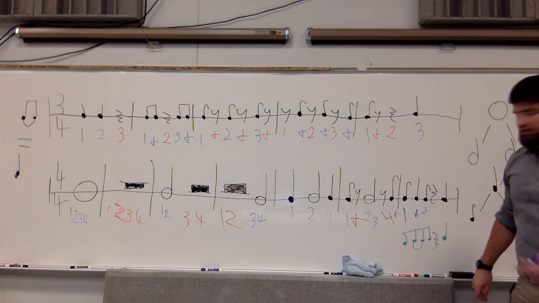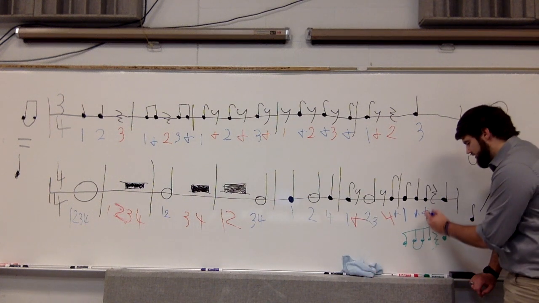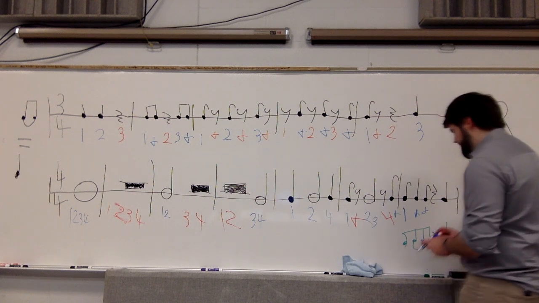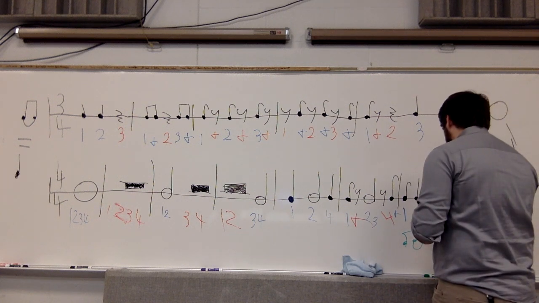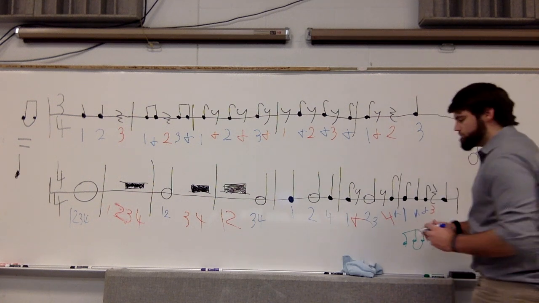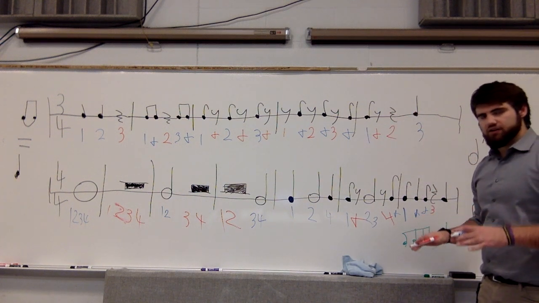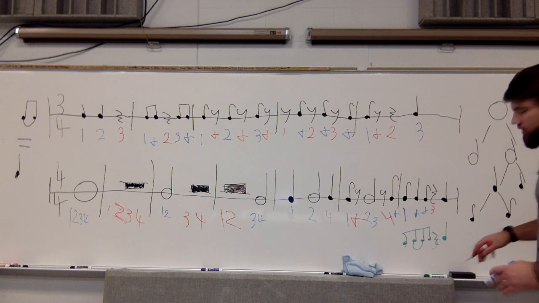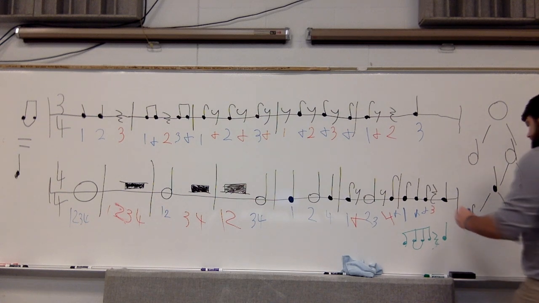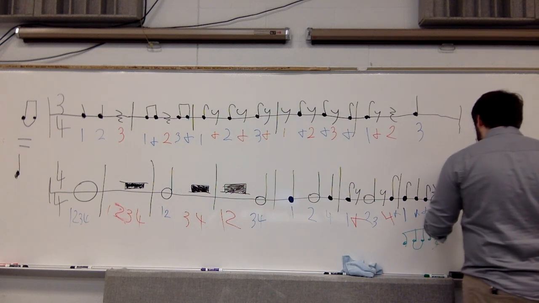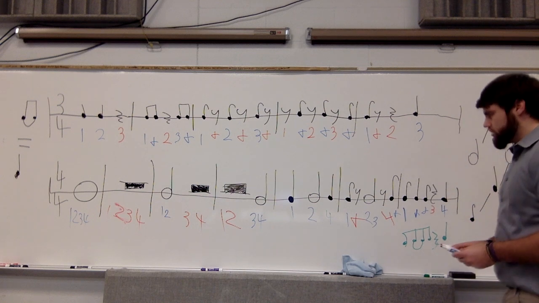What's next is beat 3. Lucky for us, beat 3 is right here. But this is a rest. So this is beat 3 as a quarter rest. Boom. Check. Beat 3 covered. So where's beat 4? This quarter note. Boom. Check.